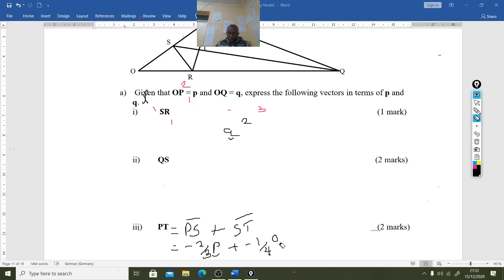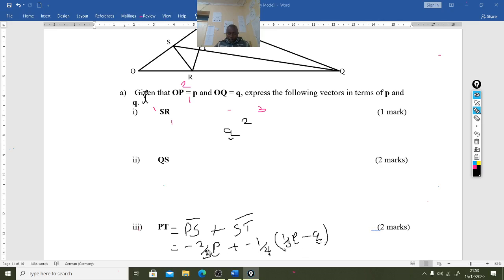So where we have QS, we substitute. It is negative a quarter of QS, and the QS we have found it to be a third P minus Q. Now if you simplify that and you put the right terms together, this will be negative 1 over 12 p, and this will be positive a quarter q.